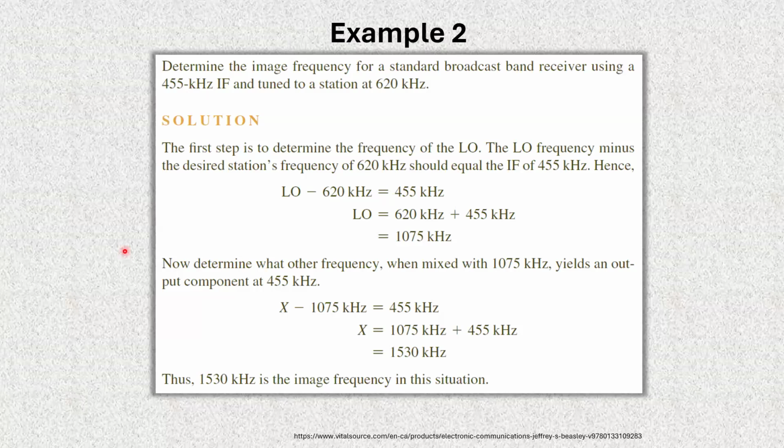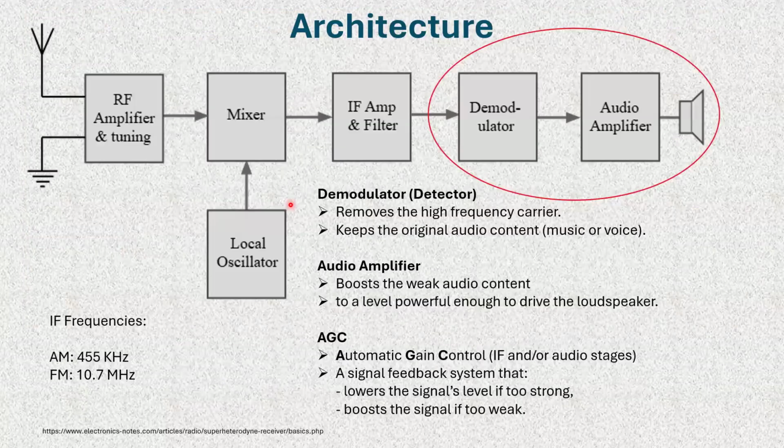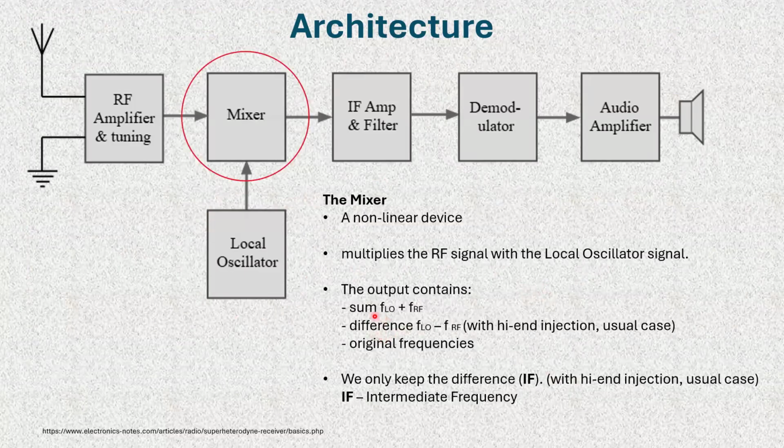By that simple equation, because we are interested in the difference, this minus that is what the IF is looking for. The difference between this and that has to give us 455, because 455 is the only thing this is going to see and work with.